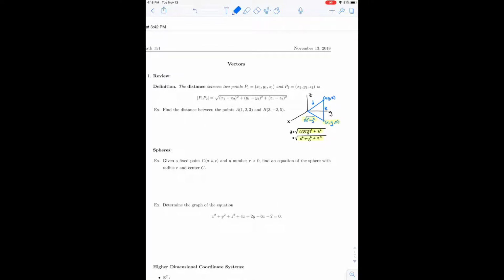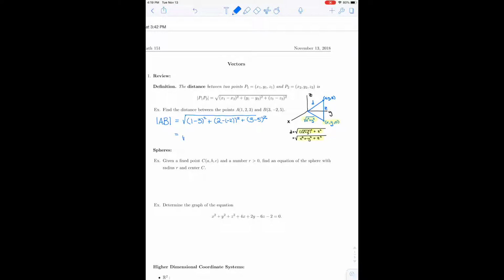I'm going to now do an example for you. The distance between the 2 points A and B is going to be the length of the line segment AB, which we denote with absolute value signs, and that's going to be equal to the square root of 1 minus 3 squared plus 2 minus a negative 2 squared plus 3 minus 5 squared.